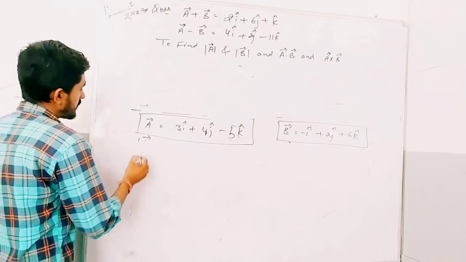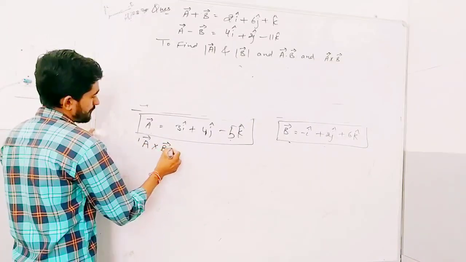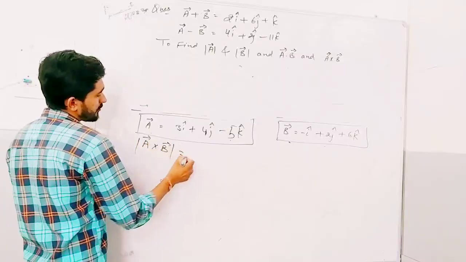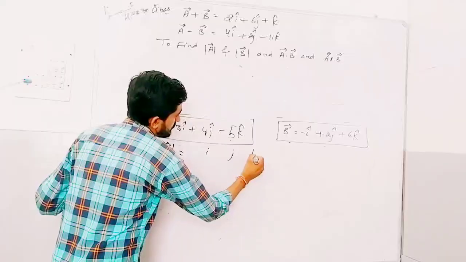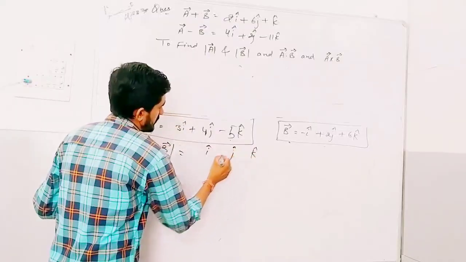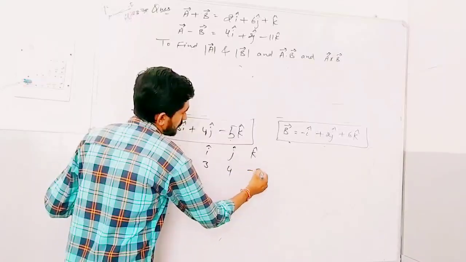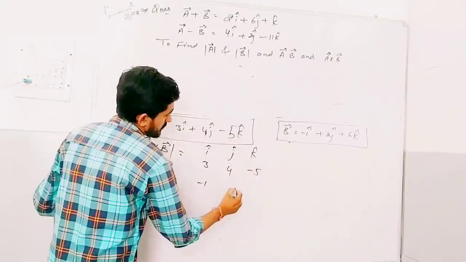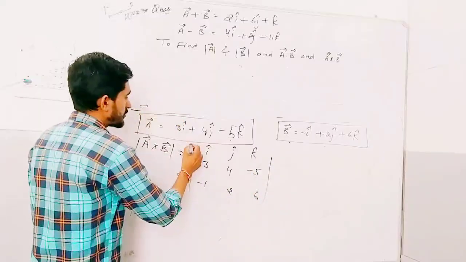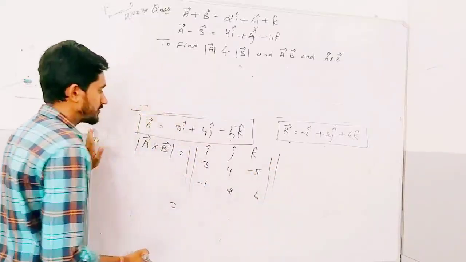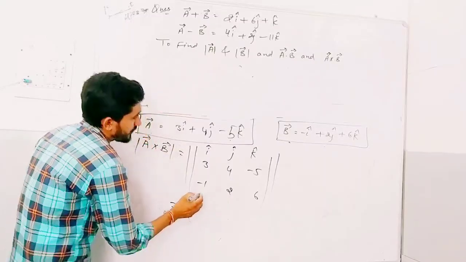Okay, let's find A cross B. If you find magnitude, you can find out magnitude also. Let's find out. i j k, i j k, 3 4 minus 5, and then minus 1 2 6. Then you can put this i cap.